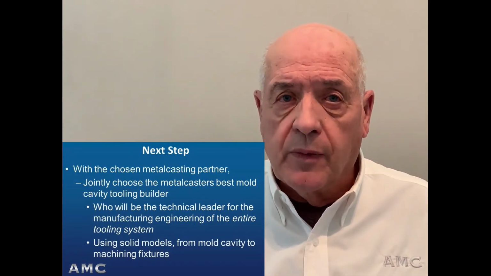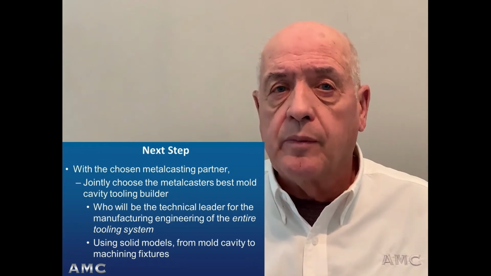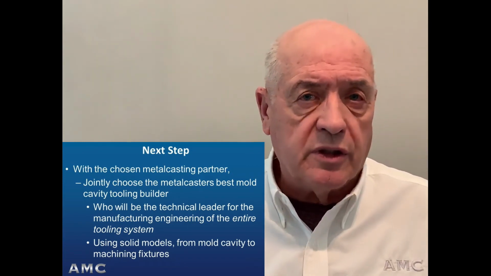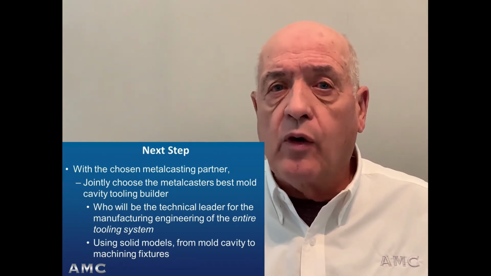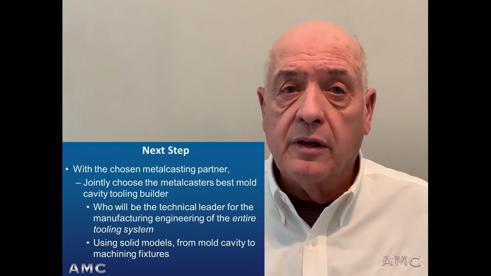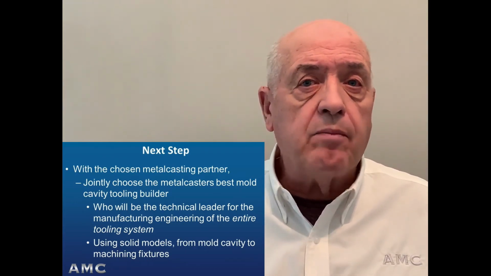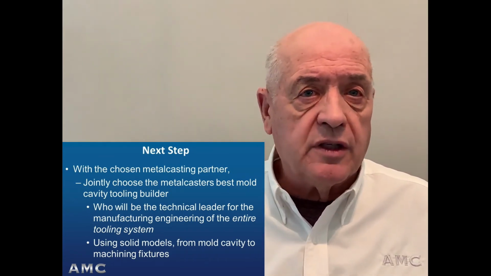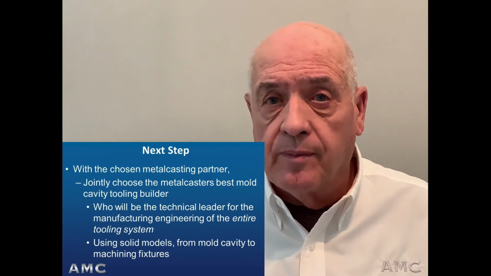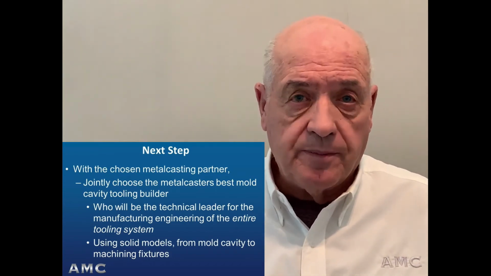Upon choosing a metal casting business partner, the single most important next step toward first article, first inspection success is to jointly choose the best mold cavity tooling builder who the metal caster routinely uses and who has the capability and willingness to collaborate over the engineering of the entire tooling system, from the empty mold ready to fill and the final as cast and upgraded surfaces that will meet all dimensional tolerances and surface finish specifications.